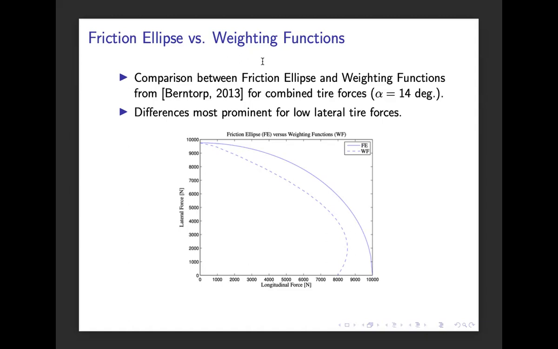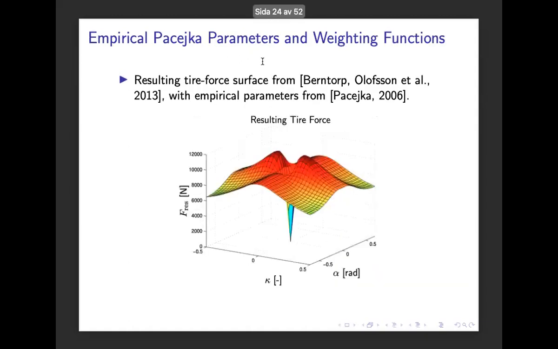So this is something we need to consider when we model combined longitudinal and lateral forces. And we can then illustrate the resulting tire forces using this kind of surface here. So here is a tire force surface where we have the slip angle and the longitudinal slip. And then we have here on the z-axis the resulting tire force.